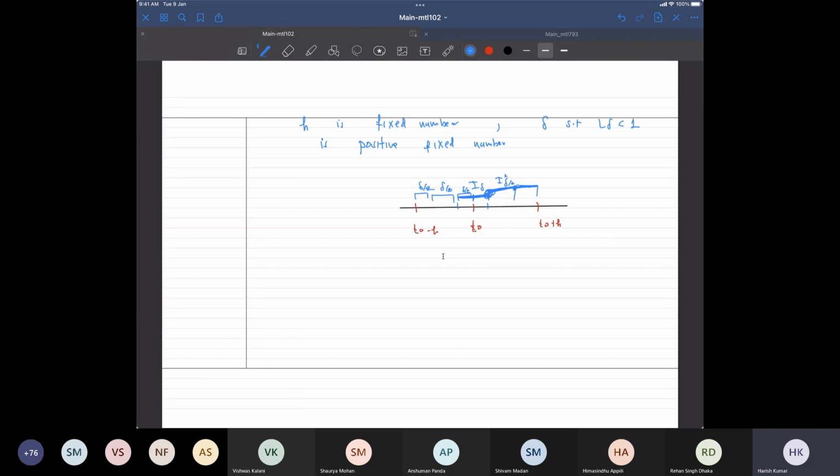Is this argument clear? And then by repeating this argument, I can get the uniqueness on the whole domain, on t naught minus h to t naught plus h.